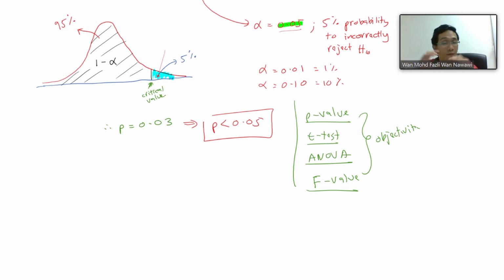So if you do everything correctly and you reach this level of result, then people will find it hard to argue, because you bring the evidence. You bring the evidence: P is this, and so on. But if you make a mistake, for example selecting the incorrect design, the statistical software will still give you a value, but it's misleading. So be careful.